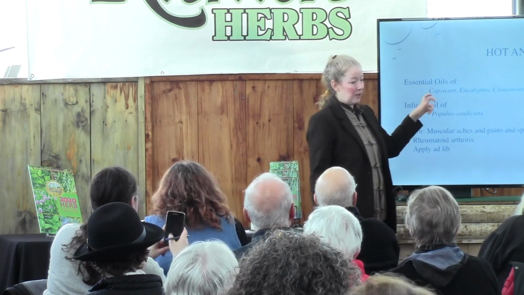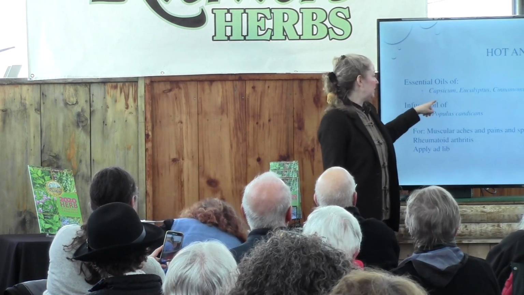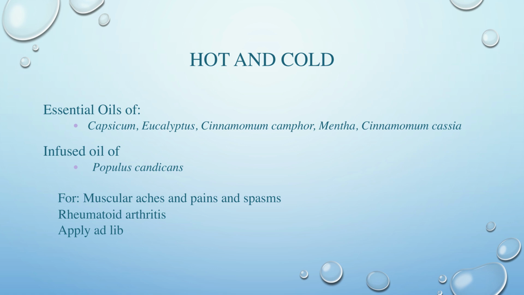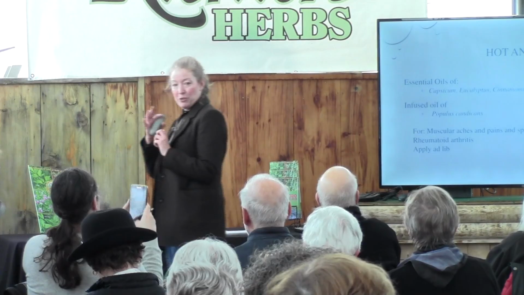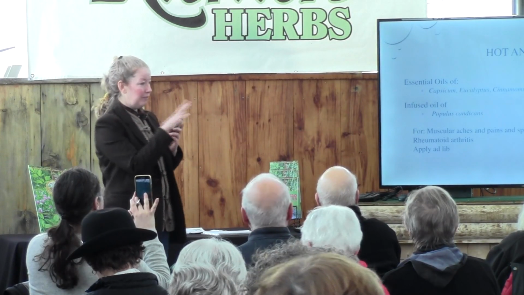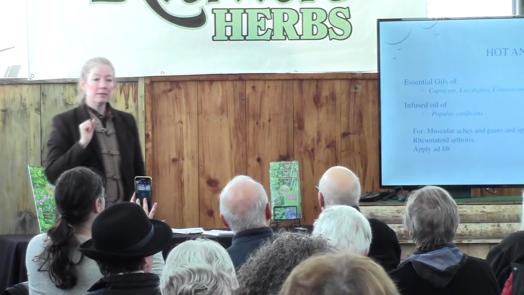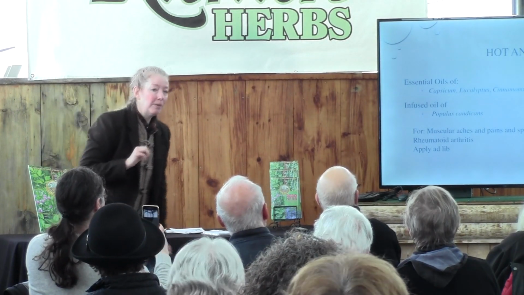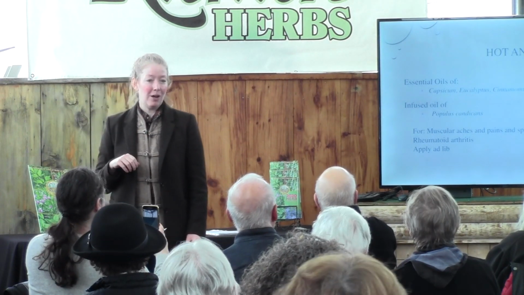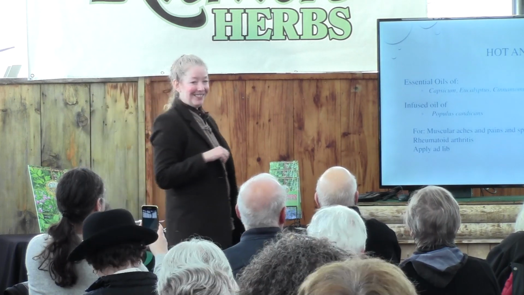And then you can also use a combination of capsaicin, which is cayenne, heating, eucalyptus, cooling, cinnamon and camphor, mentha, cooling, and cinnamon cassia, which is again heating. So there's this relationship between the movement of blood and then cooling. Populus resin, what's the common name? Cottonwood. Thank you.